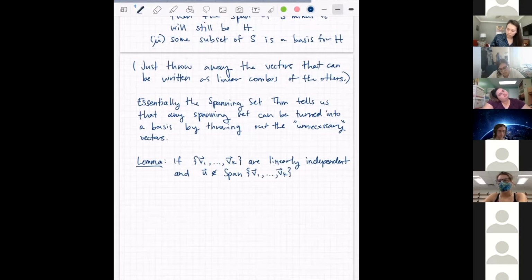So we have these two things. Then if we tack on u to this collection, so if we look at u and v1 up to vk, this is linearly independent.